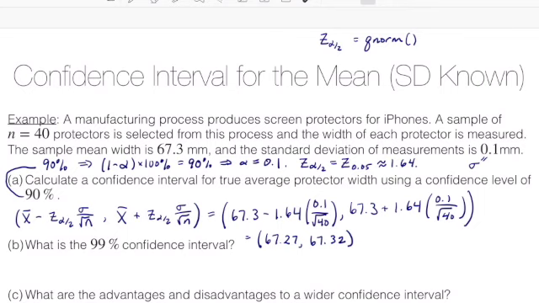Now, it's easier to interpret the pre-calculated interval. So when x bar is a random variable, then we can say something like, well, if we computed this interval for many, many different samples of size n, then 90% of them in the limit will cover the true mean mu.